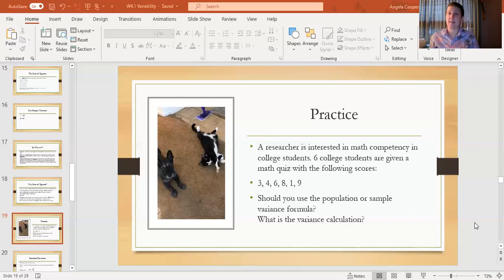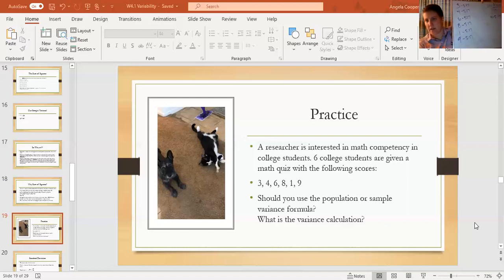Well, now we calculate the sum of squares. So we have to subtract 5.17, our sample mean, from each of our scores, from the 3, 4, 6, 8, 1, and 9. So let's do that. I'll show you guys what I'm doing right now.